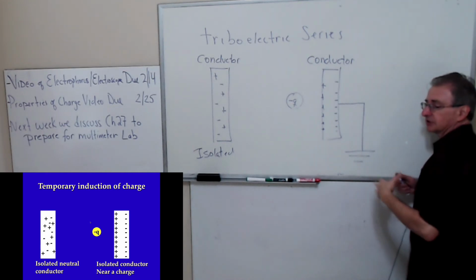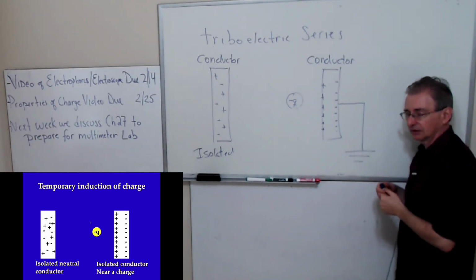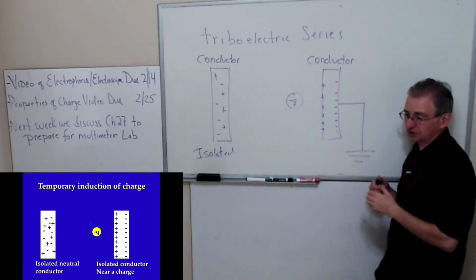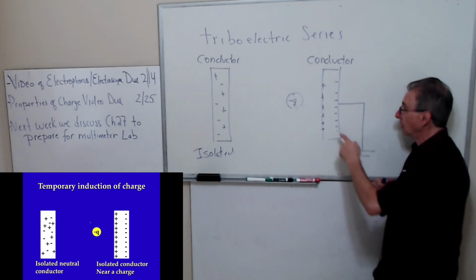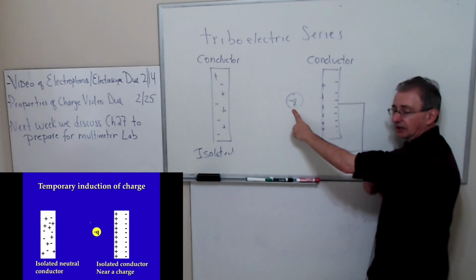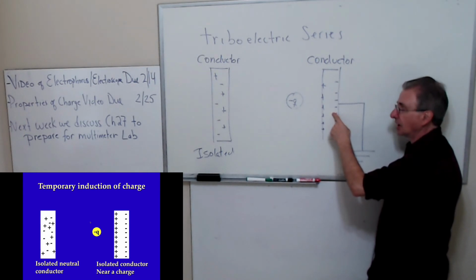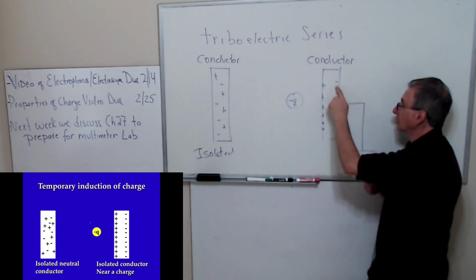Well, ground is like a sink, right? When you let water go down your sink, it's like a sink or a source of electrons. So when you bring this negative charge near the conductor, these electrons are going to want to run away, so they run away to ground.